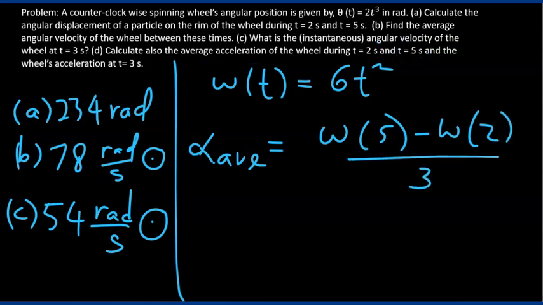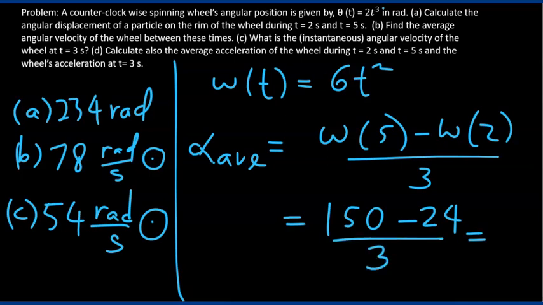The angular speed at any time is given by this expression that we obtained by taking the derivative of theta with respect to time. So it will give you 150 for omega at 5 minus 24 for omega at 2, over 3, which is 42 radian per second squared. Now the direction, of course, follows the direction of omega, namely out of the plane.